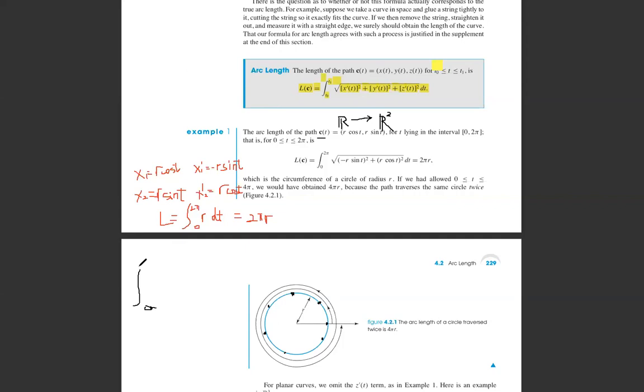So you can rewrite it. Some of you might be familiar with the arc length formula for single variable cases, like this, right? In this case, you have y equals f(x).